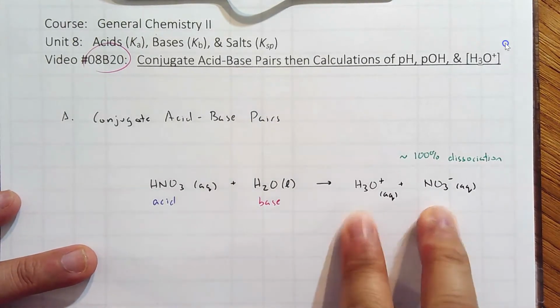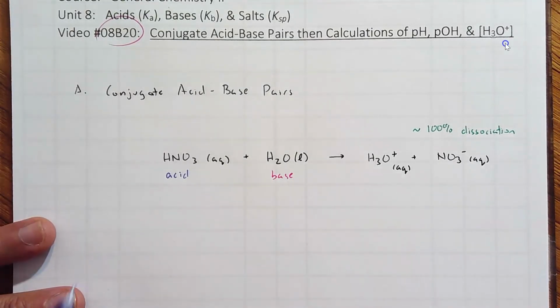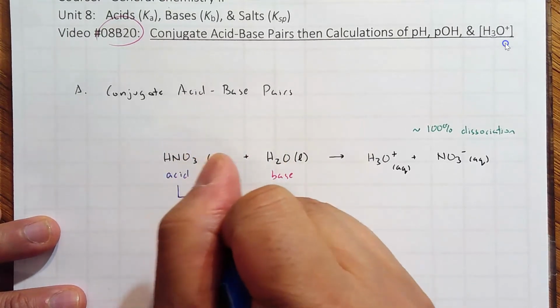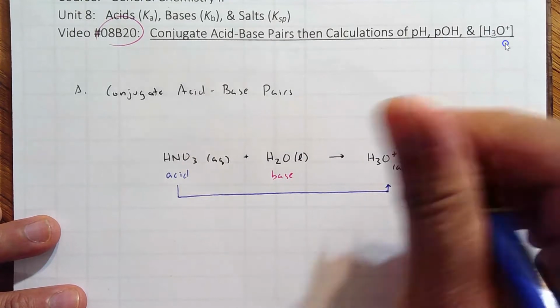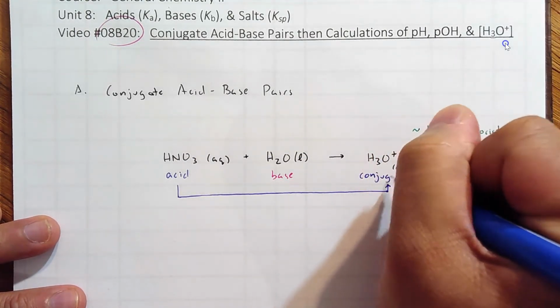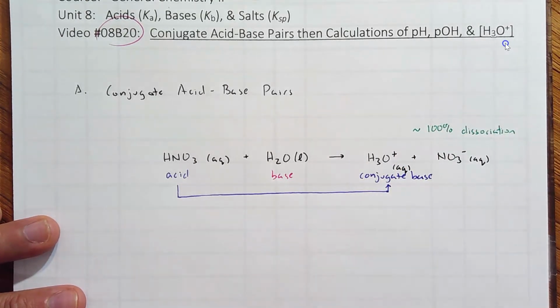But what about your products? Your products are going to be the conjugates. So let's start with the acid. The acid will lose its proton and become what's called the conjugate base. And for the base, I stopped way too early.